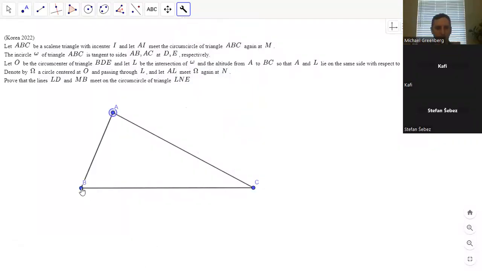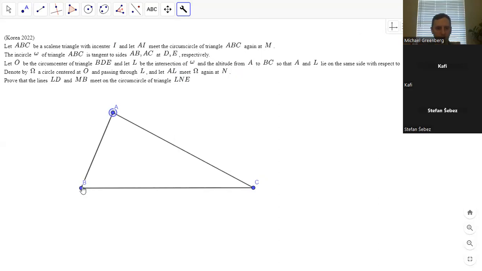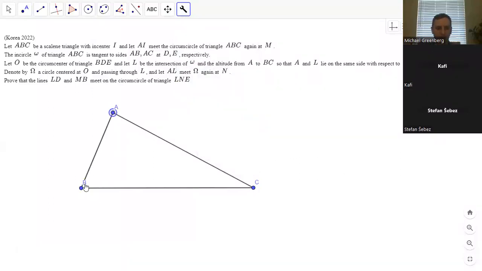Let's see. I'll just do incircle tangencies. Oh, AI actually does mean a circle, so then I should use this one.